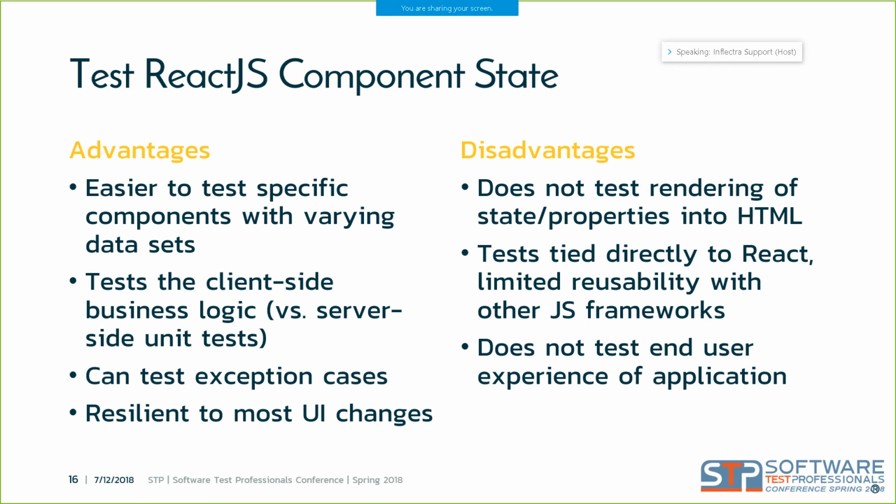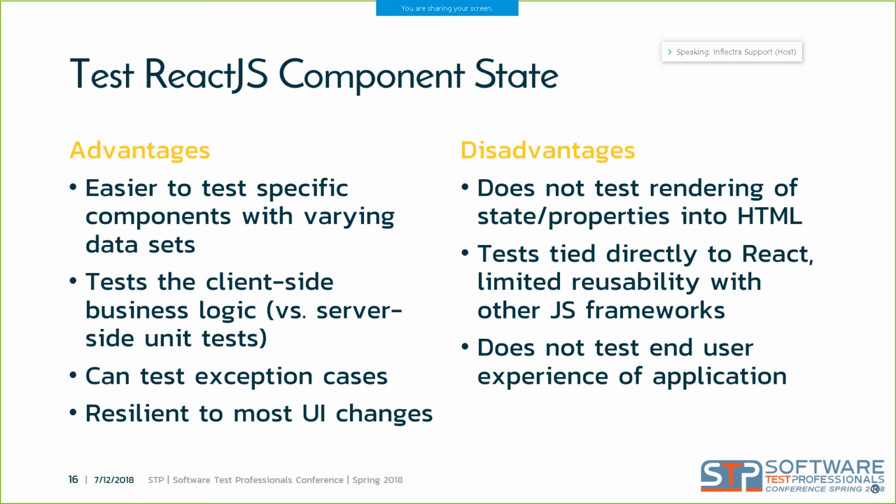So you can do a lot of testing by hooking into the state of the components themselves, both for rendering and also for interacting with users' actions. And the great thing here is that you're able to do testing before it gets sent to the web server. You're able to test the user experience from a business rule standpoint, validation of data. You can do a lot of really important tests that you do need to do, but you don't have to rely on the browser being updated, or on the IDs on the page, or it being visible.